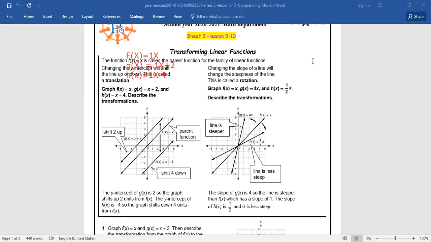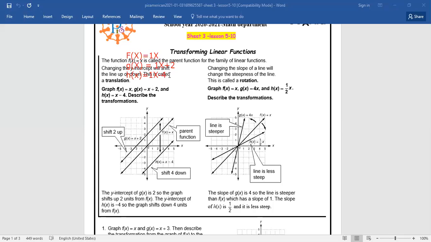You can use the y-intercept and then rise over run. For the first one, we don't have a y-intercept, so we start from 0. After that, the slope: 1 up, 1 to the right, 1 up, 1 to the right, and so on. For g of x, the starting point is 2, so we go directly to 2, then 1 up, 1 to the right, and so on.